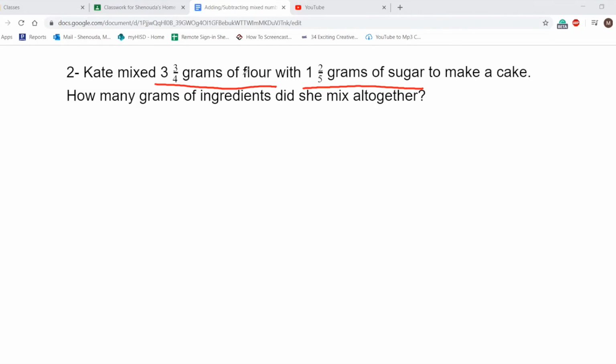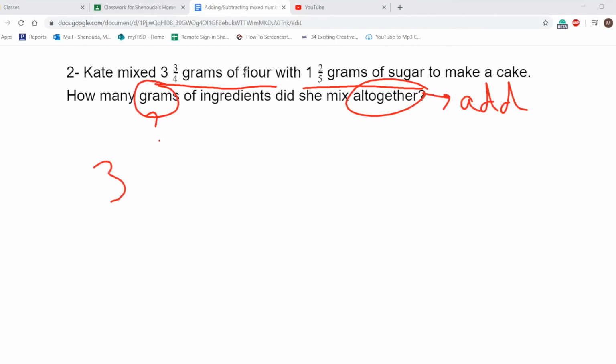I am finding how many grams of ingredients she mixed all together. Altogether is a keyword that means I'm supposed to add. I need to add the grams of flour and grams of sugar.